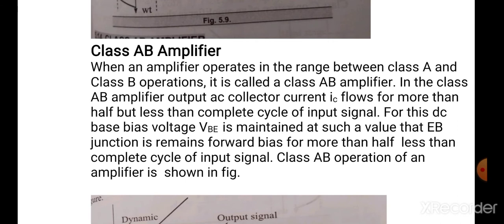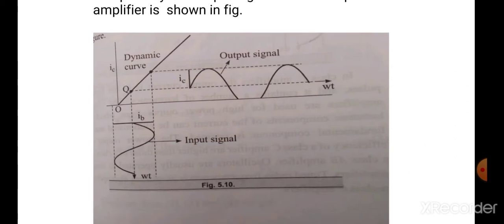For this, the DC bias voltage between the base and emitter is maintained at such a value that the EB junction remains forward biased for more than half but less than the complete cycle of the input signal. The figure shows the input cycle is complete but the output is more than half but less than a complete cycle.